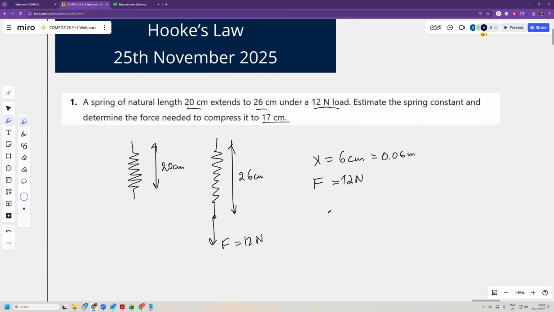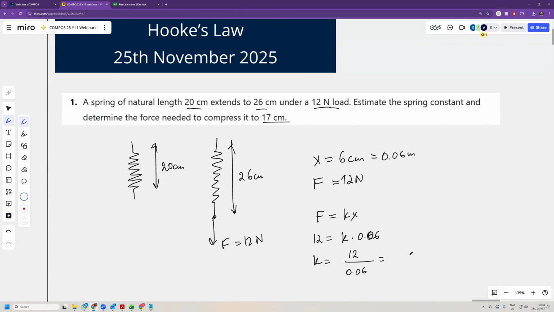So we write down F equals kx. Force is 12 equals k multiplied by 0.06. k is 200, I guess. Double check.